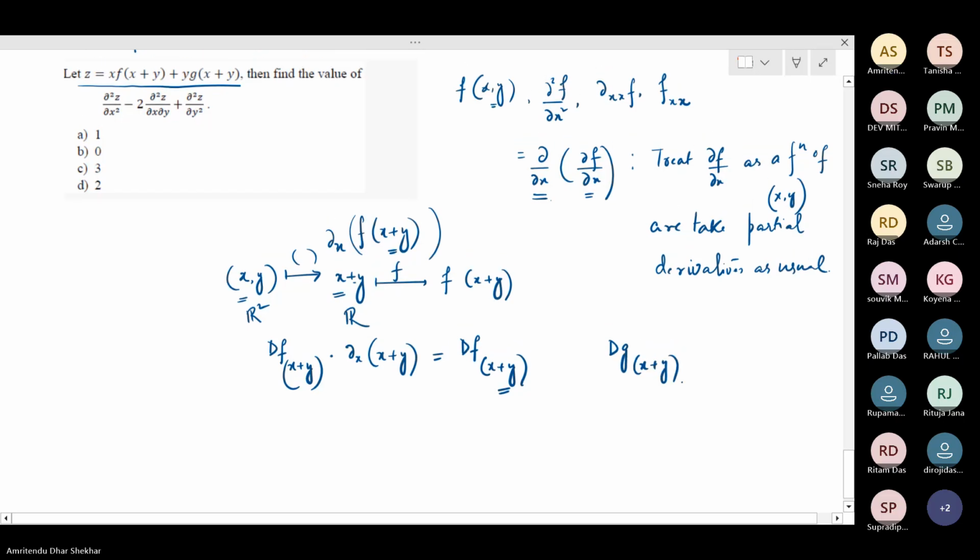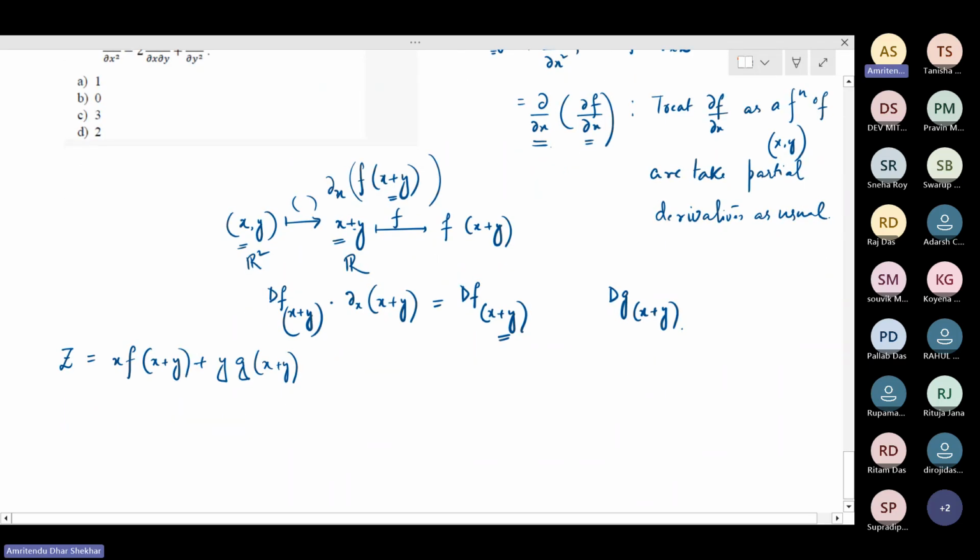So what is z? z is equal to x times f of x plus y plus y times g of x plus y. Now, you would have definitely heard of what is called the Leibniz rule in high school calculus, which is that if you have a product of two functions f and g, then yes, exactly.